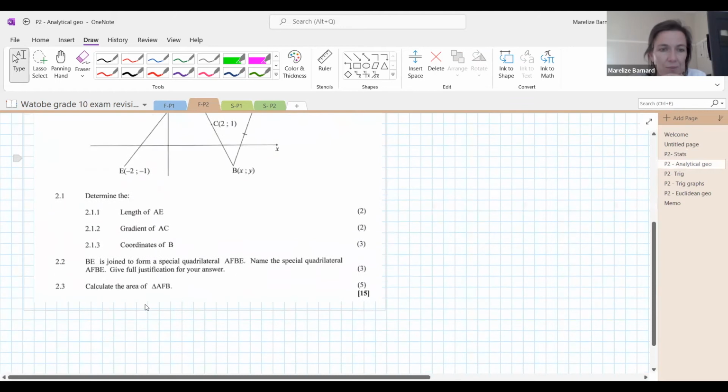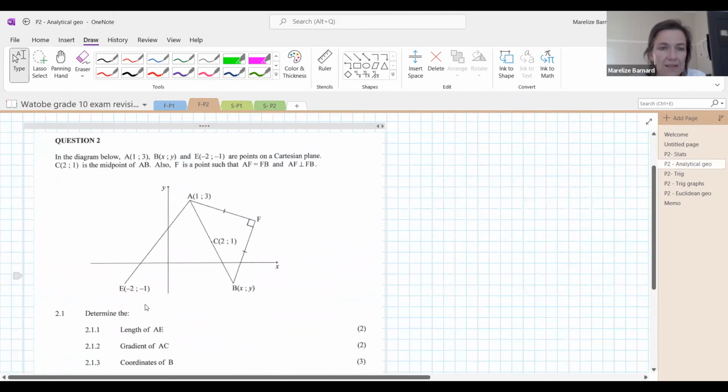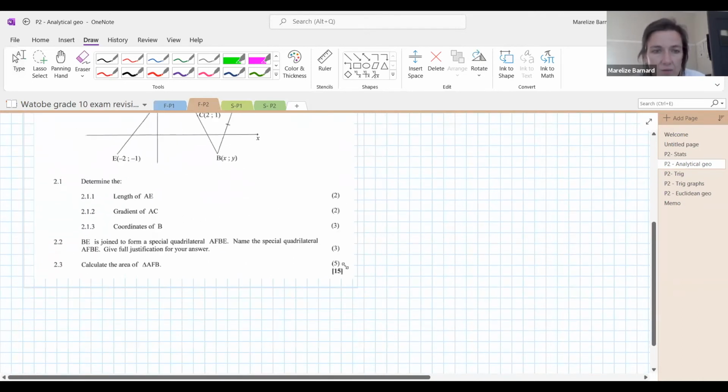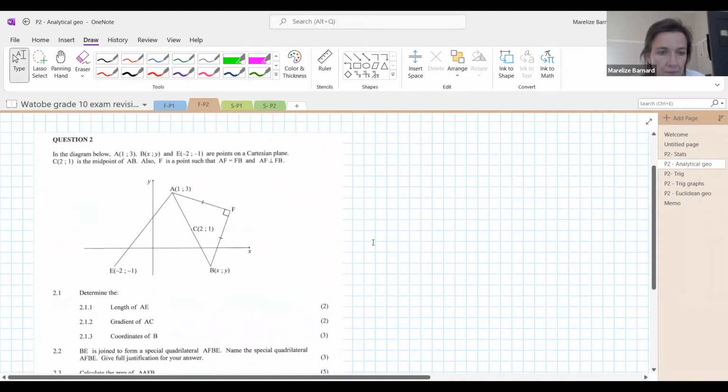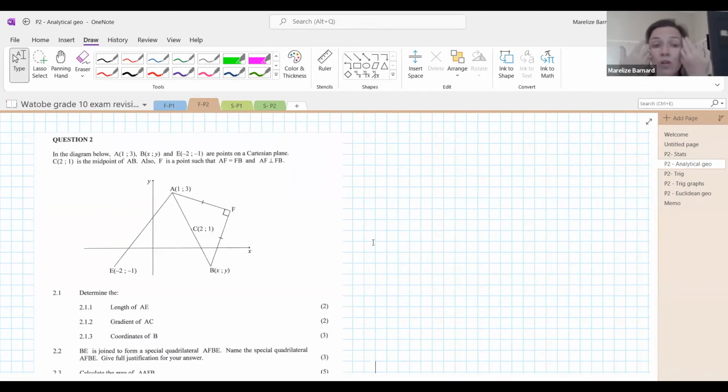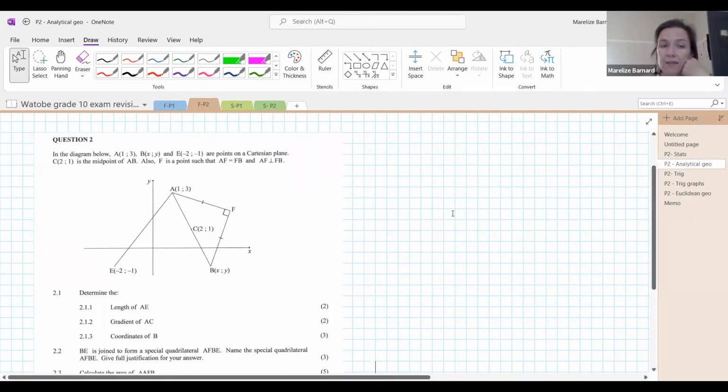Here we go. Let's see. Okay, I'm going to give you some time to look over the question. Just going to make it a little bit smaller. Okay, and this also brings in your knowledge of quadrilaterals. So read the question and then we'll get started.